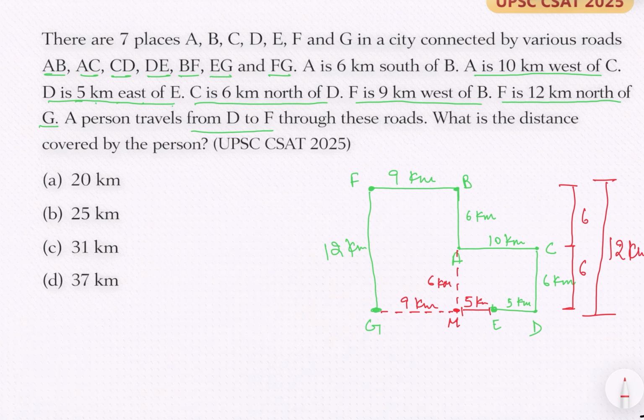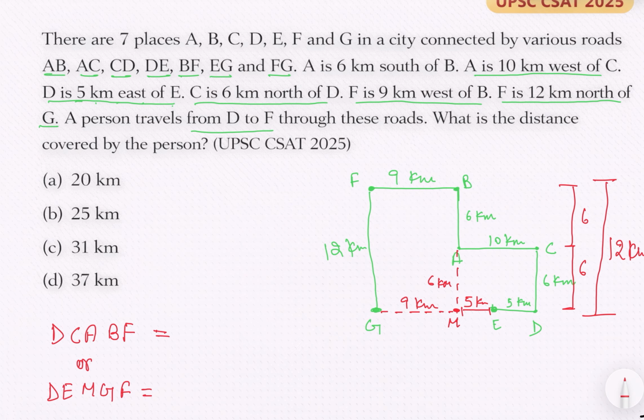The person will go from D to F, so there can be two routes. The person can cover the route D, C, A, B and F, or he can travel D, E, M, G, F. These are the two possible routes.